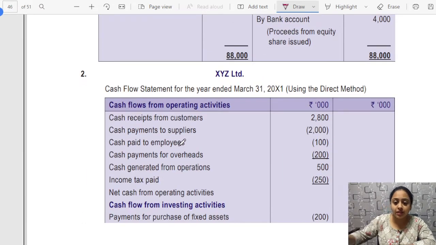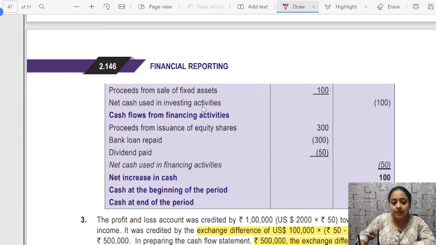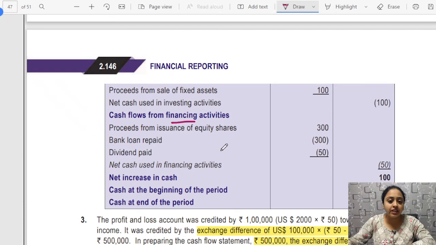You are just clubbing these all as we have seen: investing, operating and financing. Finally, balance it with the opening and you get the closing amount. This is really a very easy question.